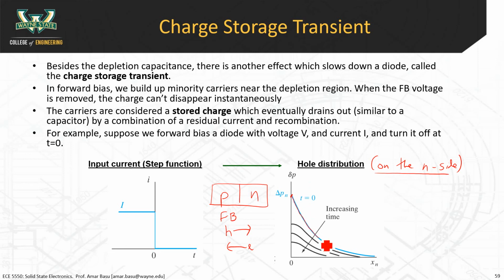So you have higher hole concentration at the edge of the depletion region. This is X sub N, so this here is the edge of the depletion region.